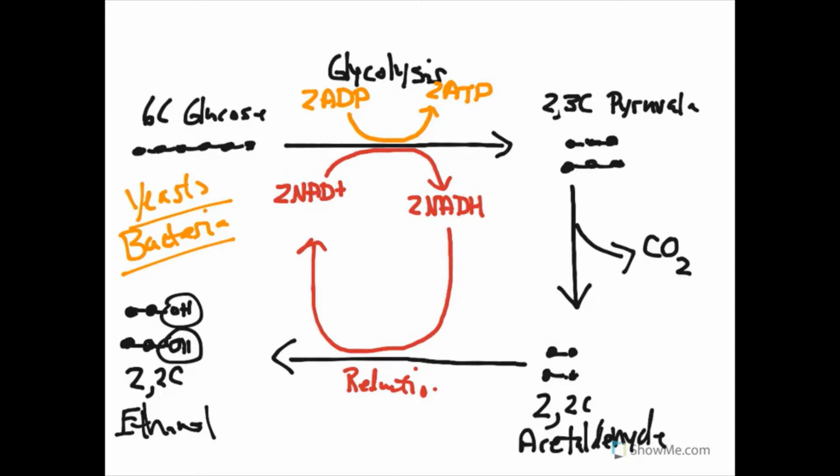Now what we want to do is turn our attention to look at lactic acid fermentation. So at lactic acid fermentation, we're going to again start with a 6-carbon glucose.